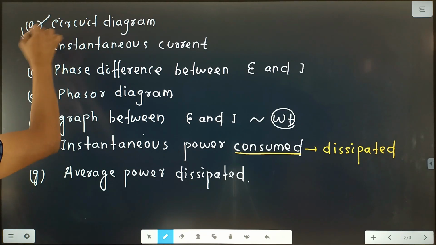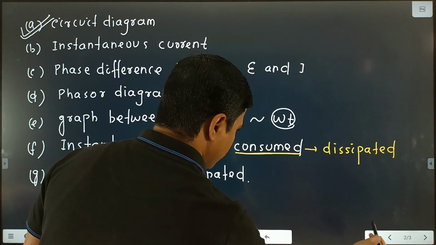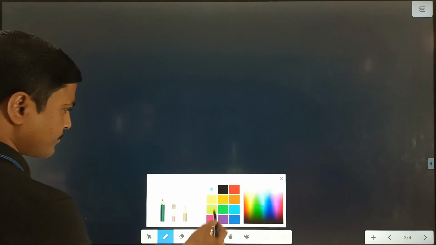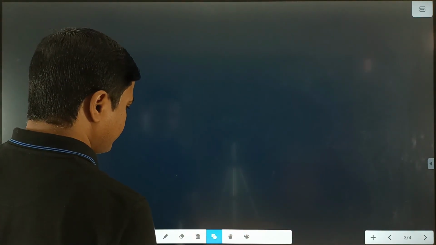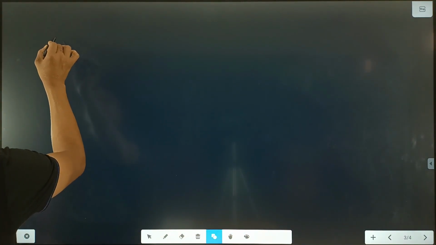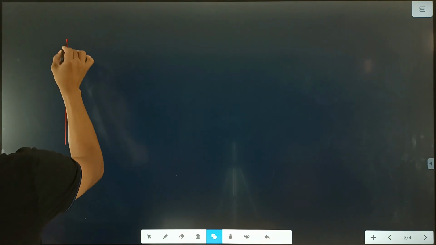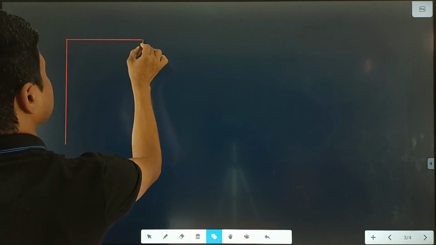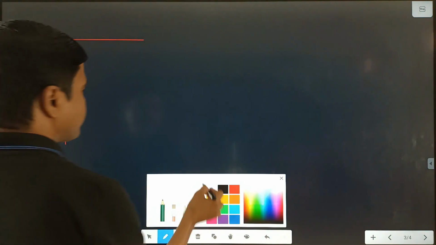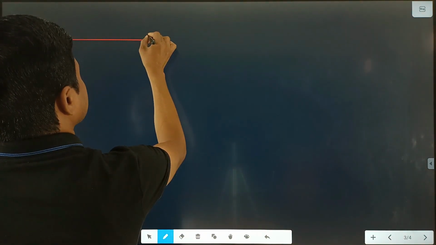First thing, that is the circuit diagram. We draw the circuit diagram. Suppose these are the external wires, and here a resistor is connected.